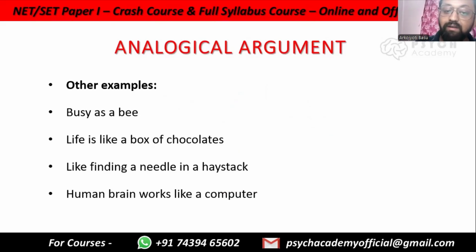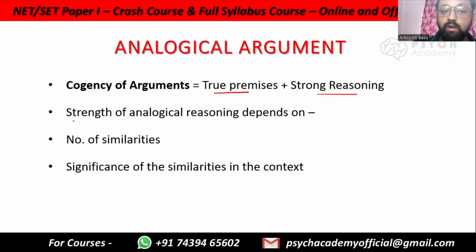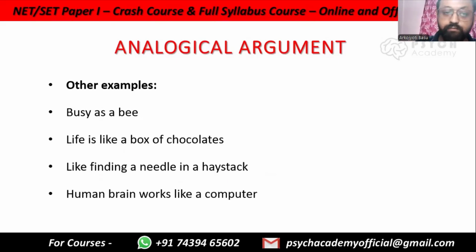So the more the number of similarities, the more the strength of reasoning, and also the significance of the similarities in the context. Like Ria and Joanna being tall has got nothing to do with them playing guitar. Other examples of analogical argument, these come in the questions. They ask you which kind of arguments they are, what is the kind of reasoning.